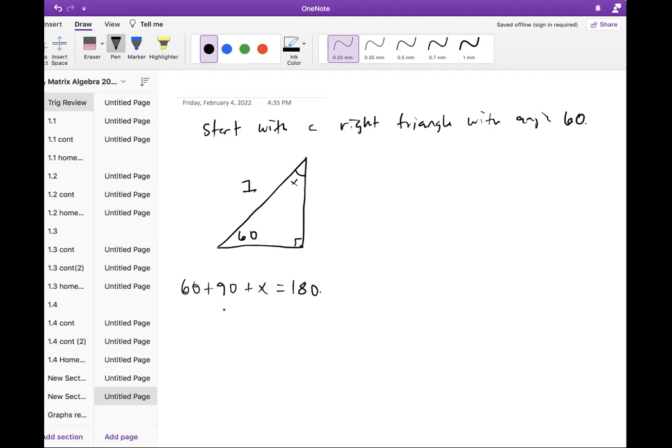If you do that, you find that x is equal to 30. So now what we can do is make a copy of the triangle on the other side. Essentially I'm going to reflect this triangle about this line.